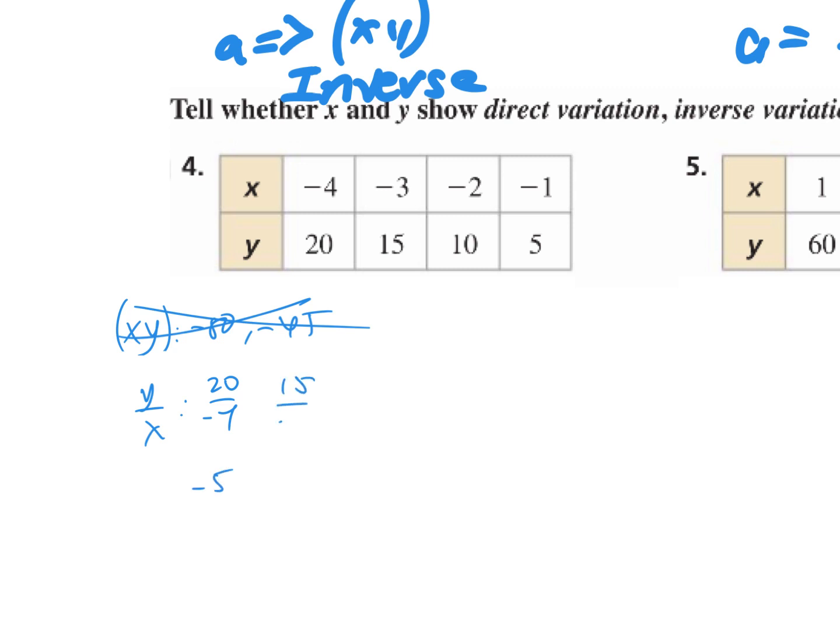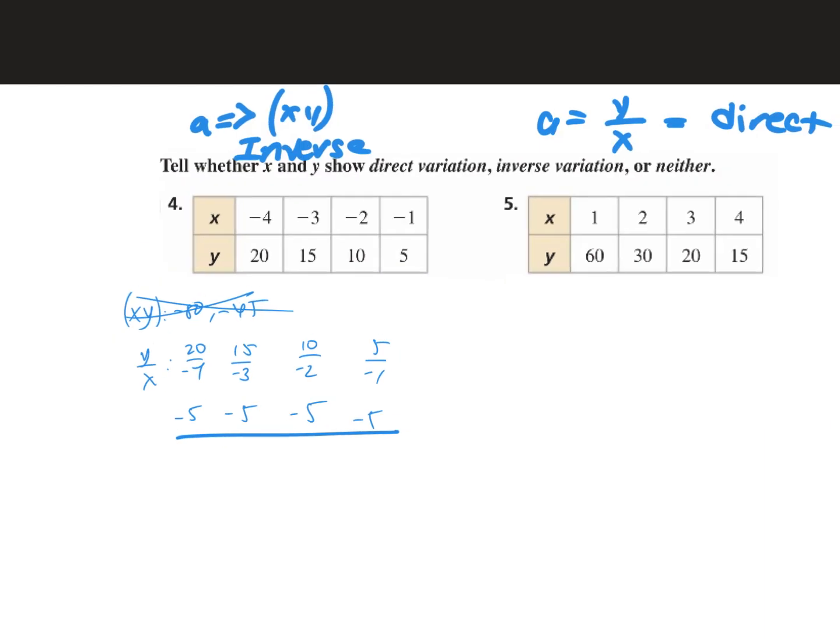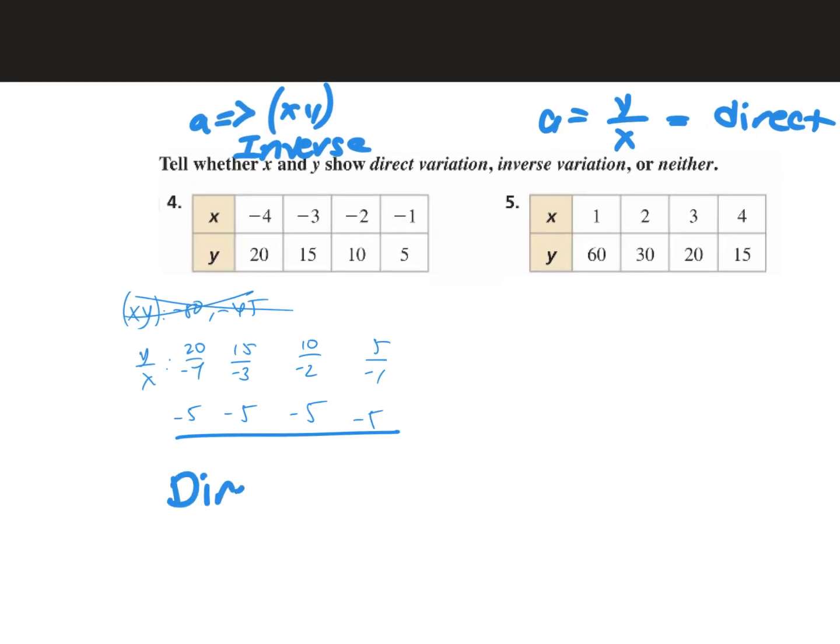What's 15 divided by negative 3? Negative 5. What's 10 divided by negative 2? Negative 5. What's 5 divided by negative 1? Negative 5. So is this value constant in between every x and y value? Yes. So what did you just prove? What kind of variation do you have? Direct. Very good, guys.